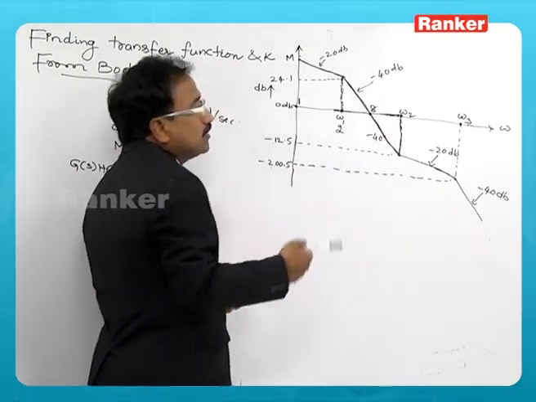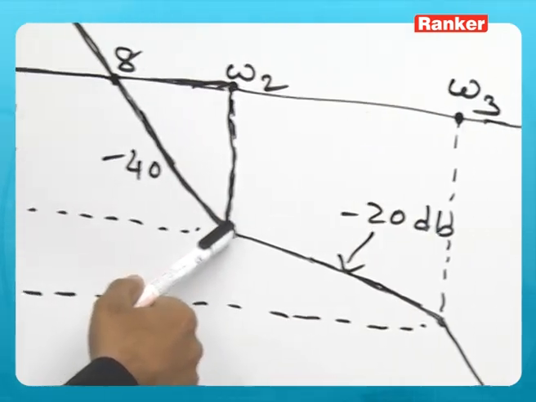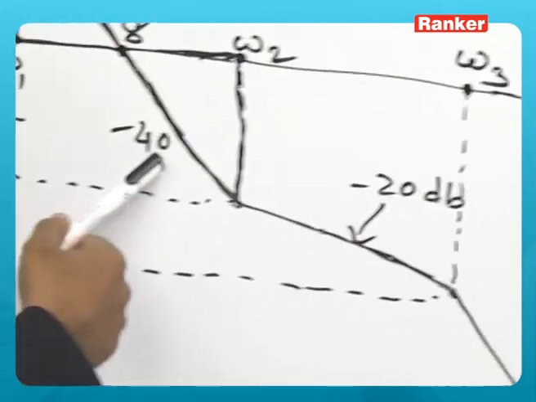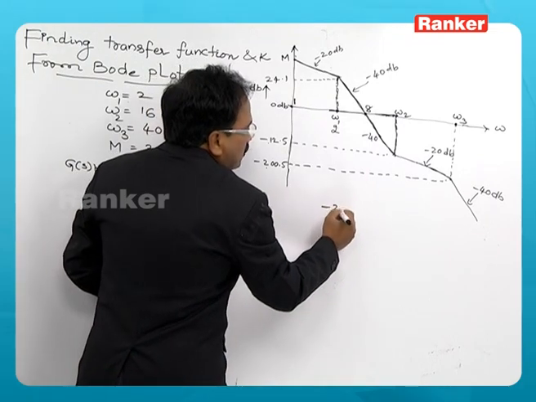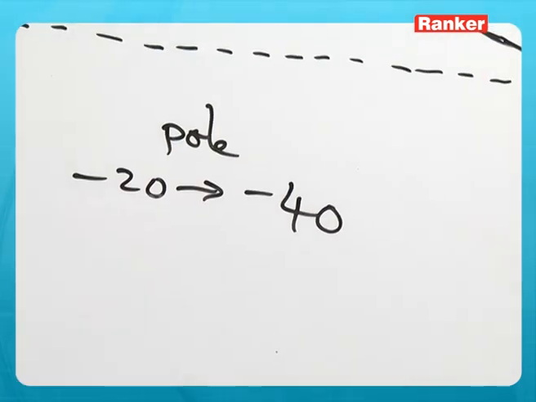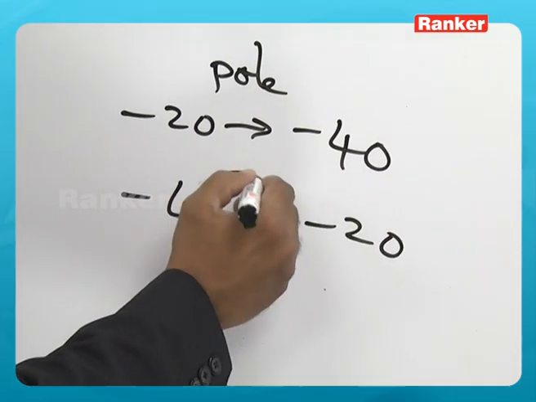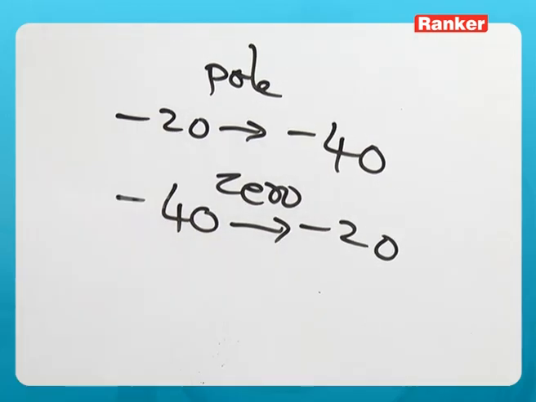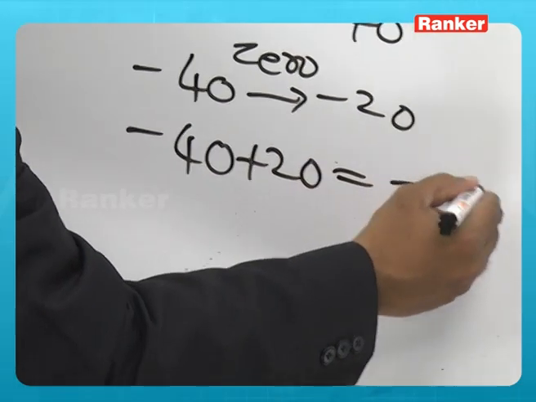So, the slope has become minus 40. It is continued, and at this frequency the slope has become minus 20. That means minus 40 to minus 20. So, what should have been added here? Minus 20 to minus 40 means a pole is added, no doubt, but when it is minus 40 and it is becoming minus 20, definitely a zero is added, because minus 40 becomes minus 20 only when minus 40 plus 20 is equal to minus 20.